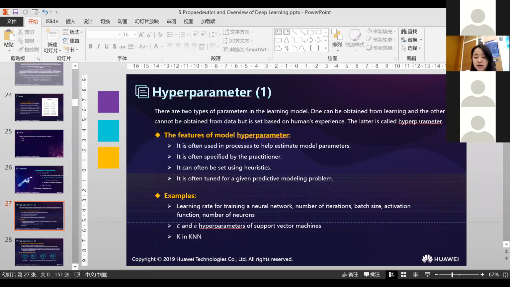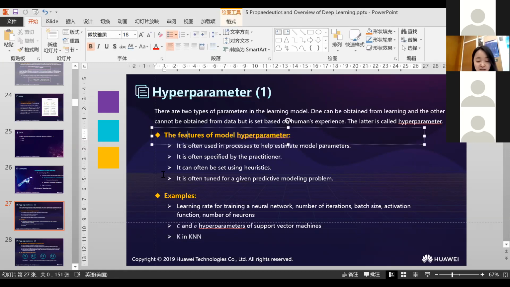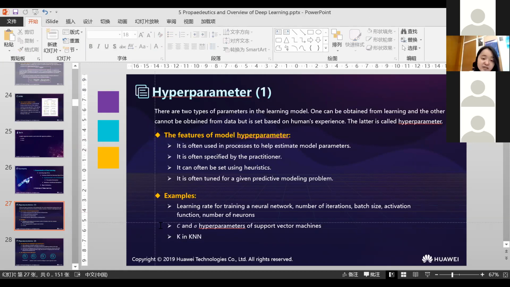Unlike other parameters that can be learned from data, this kind of parameter usually cannot be learned from data. We've used a lot of examples to explain why it's a hyperparameter, just like K in KNN and K in K-means. These are all hyperparameters.